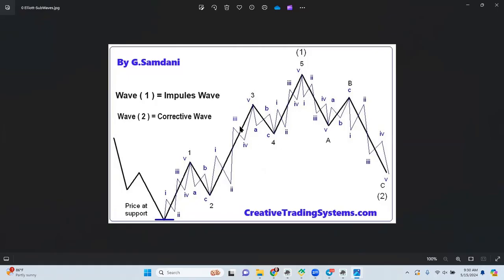You have to identify them. See, this one here is again ABC. Here is ABC, right? And here 1, 2 could be ABC. Here maybe a flat, maybe a zigzag, who knows, right? In between this 1 and 2, there's a small ABC here as well, and here as well, right? So different time frames and different places.